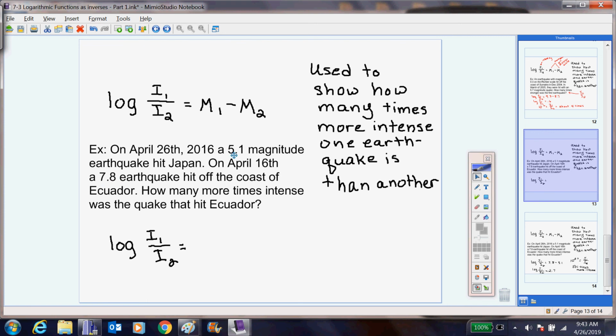7.8 minus 5.1. So we take 7.8 minus 5.1, and then what do you do with it? So we subtract it, and what do we get when we get the answer? What do we do with it? Our answer is what? 7.8 minus 5.1 is 2.7. What do we do with the 2.7? So sure, 10, our base, to the 2.7 power.